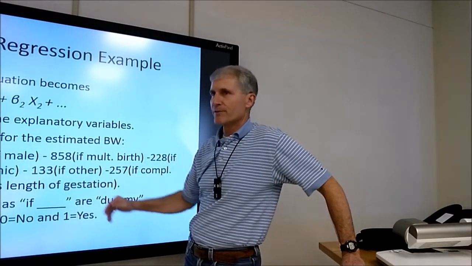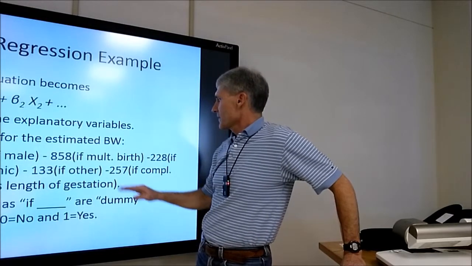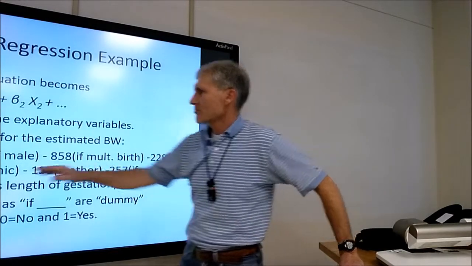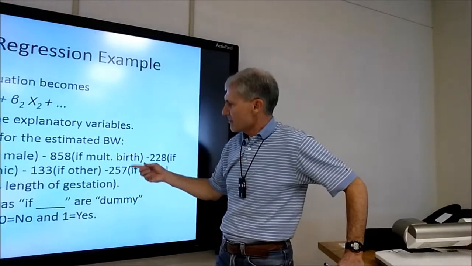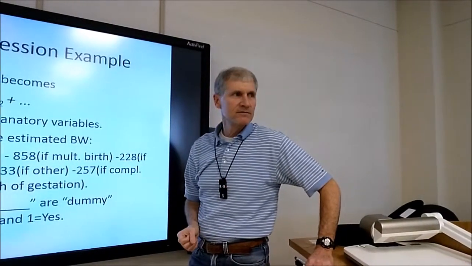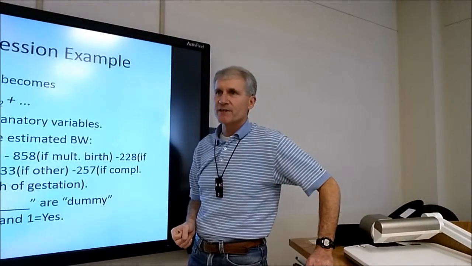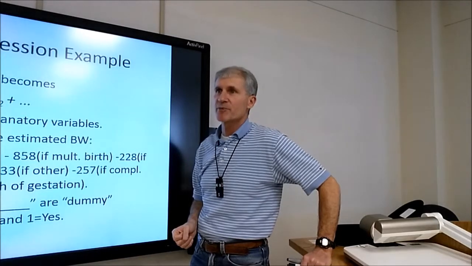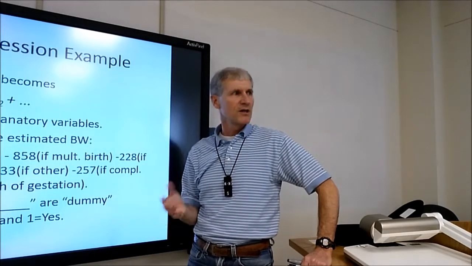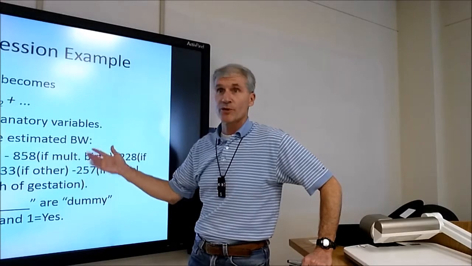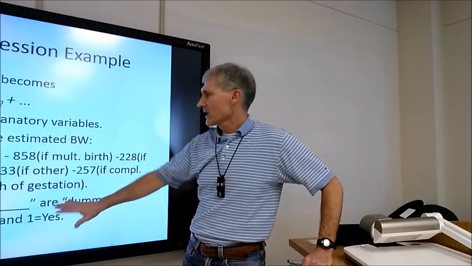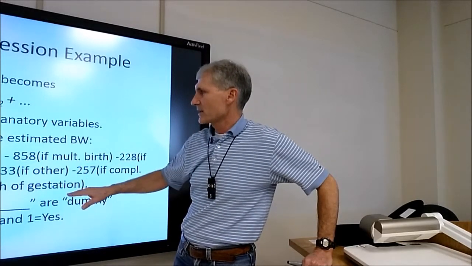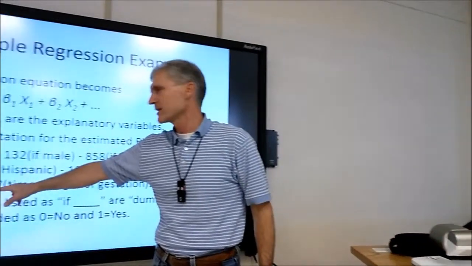133 if they're other. And then minus 257 if there's complications in pregnancy. Does that make sense that it's negative? Subtract 257 grams if there were complications in that pregnancy. That usually means something went wrong, and a lot of times they're born early. Now, length of gestation, we've already talked about that one, is a small number, 3.7.